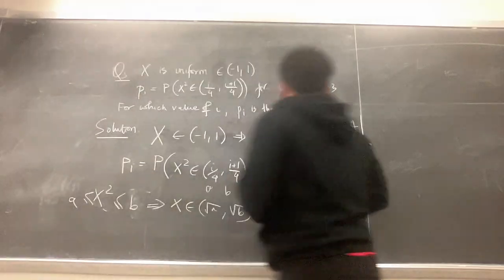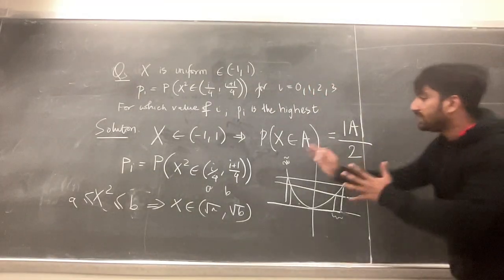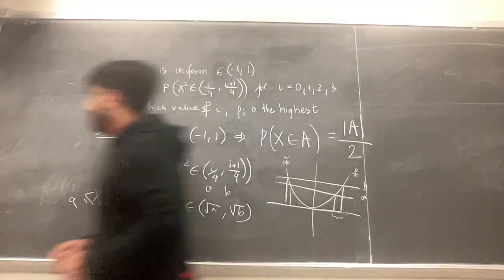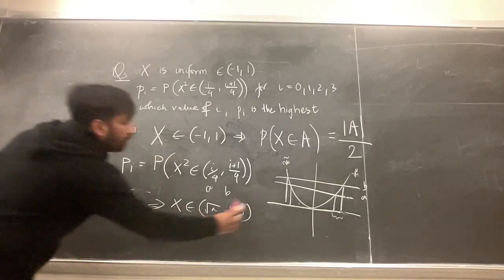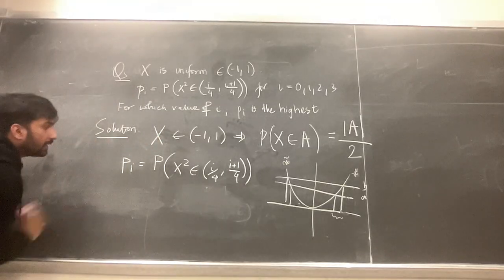So what is the length of it in this case? Let's rub this off right now. So we have root b minus root a.